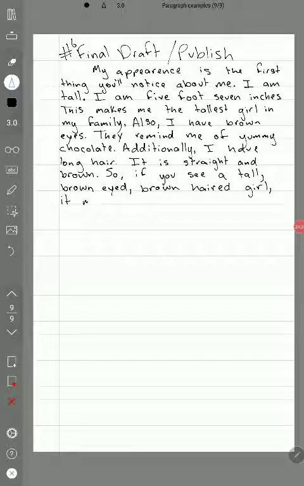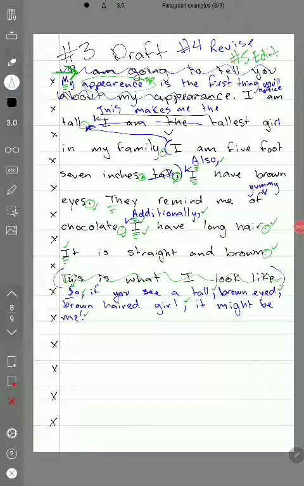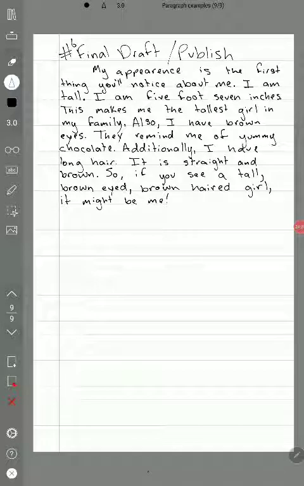It might be me. And I just double check. So if you see a tall, brown-eyed, brown-haired girl, it might be me. And I review, make sure I wrote everything I meant to.